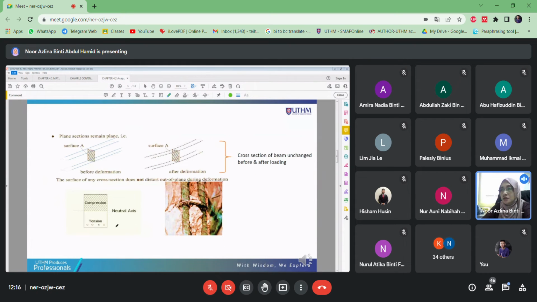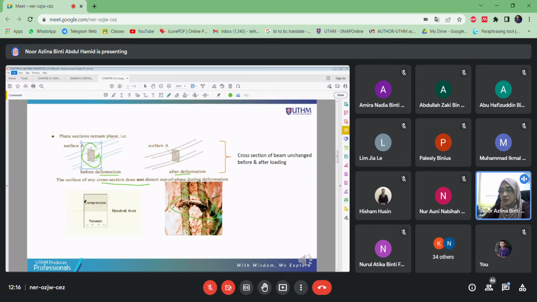Okay, so this is in detail: once you apply the loads, before deformation or after deformation, it's still the same surface. The cross section does not distort out of plane during deformation.